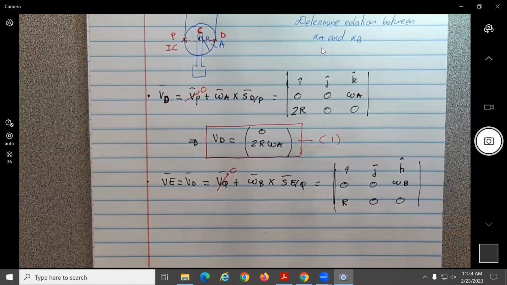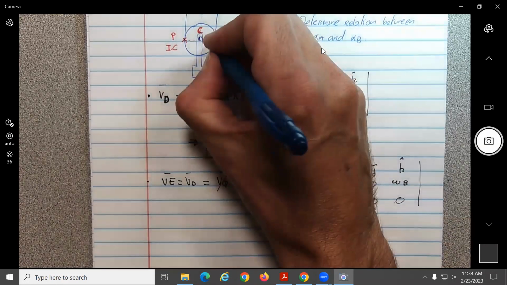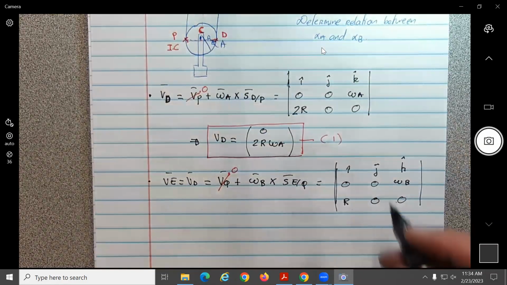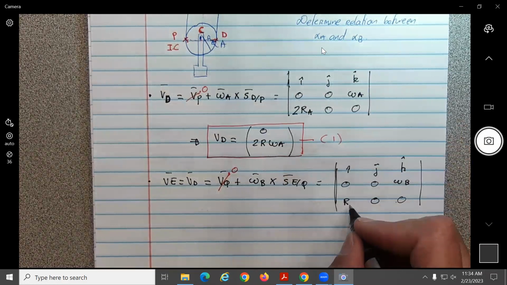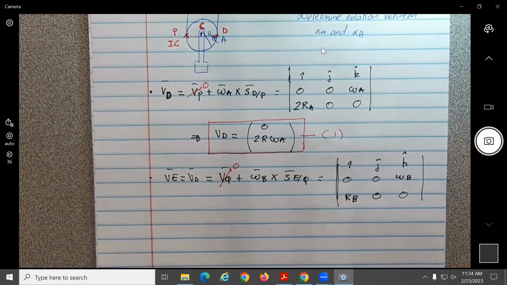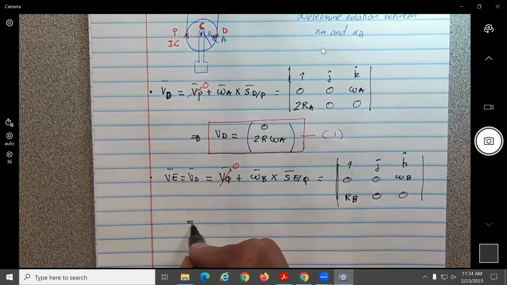Perfect. If you want, we can make it even a little bit more general. Let's say this would be R sub A, this would be R sub B. That way, we make it a bit more general. Is that okay? Okay.